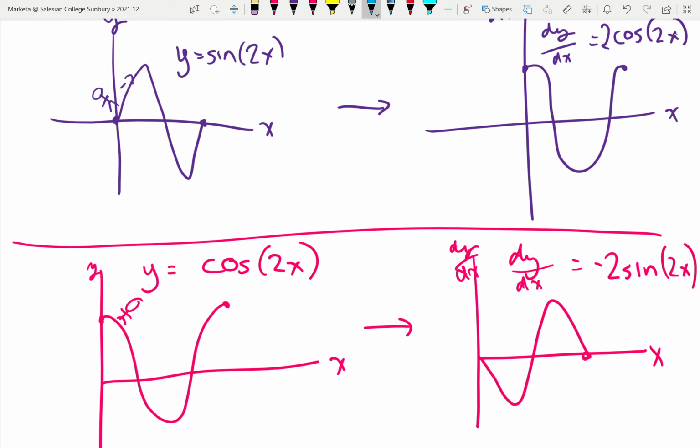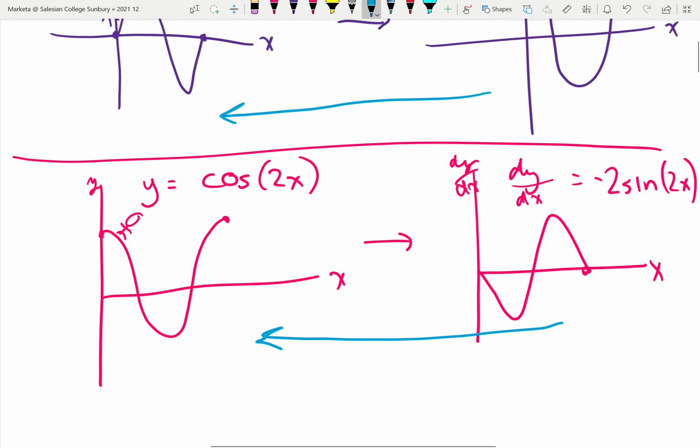So that means the opposite way: cos goes to positive sine, sine goes to negative cos, or negative sine goes to positive cos. So it's going to be the opposite way around. The other thing to note is that if we have sine of 2x and we're going the opposite way, then we need to do the opposite, and the opposite would be to divide, not multiply.